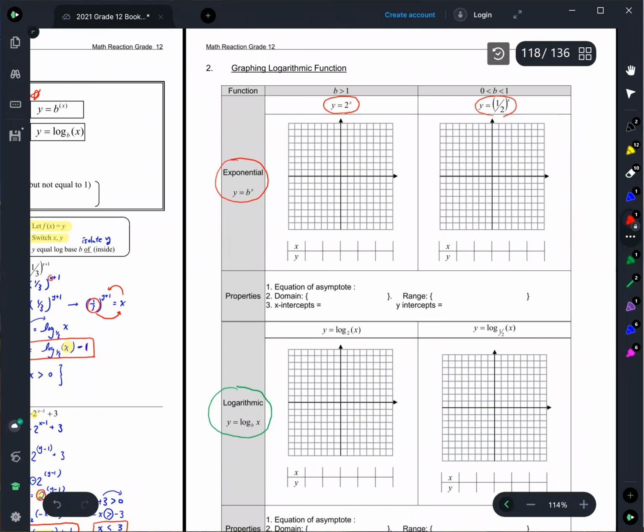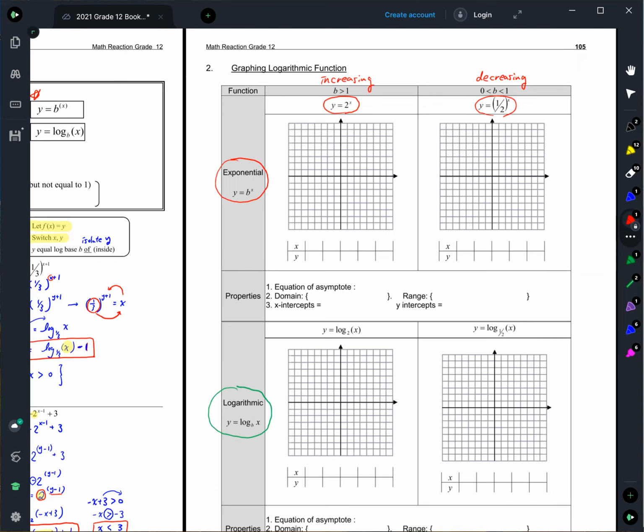Anything with a base greater than 1 will look similar in shape, because it's increasing. If the base is between 0 and 1, the function will be decreasing. So the increasing and decreasing rule doesn't change for the inverse. If the base is greater than 1, the inverse is still increasing.